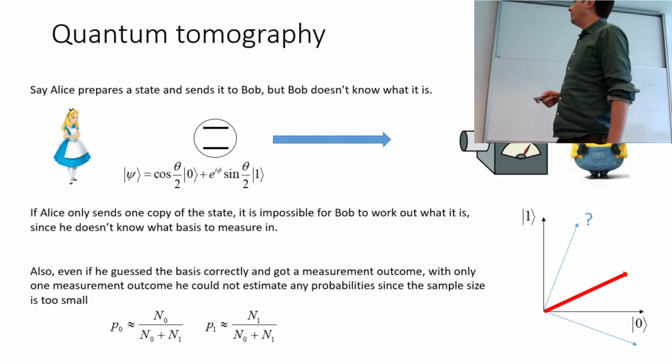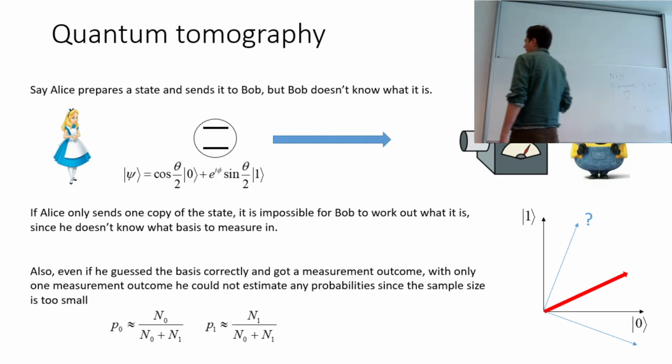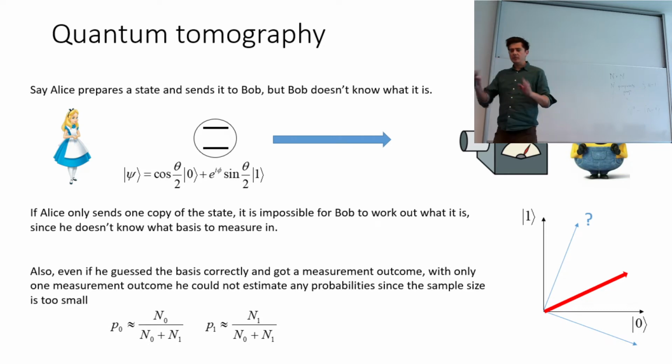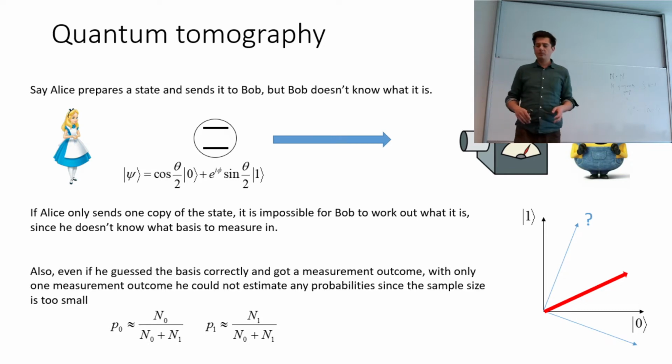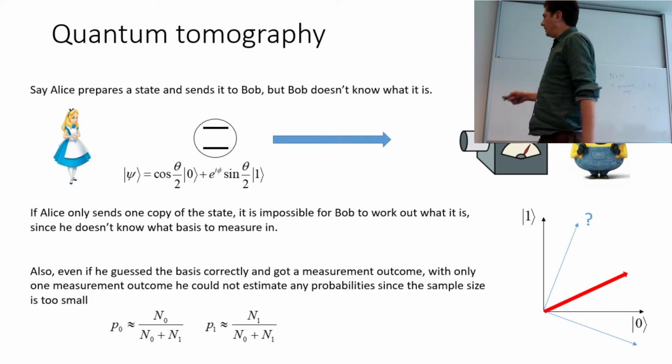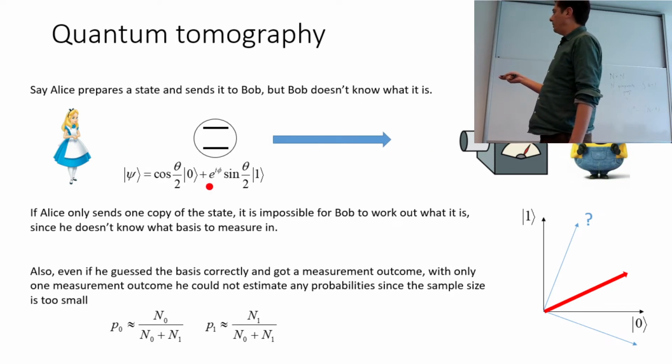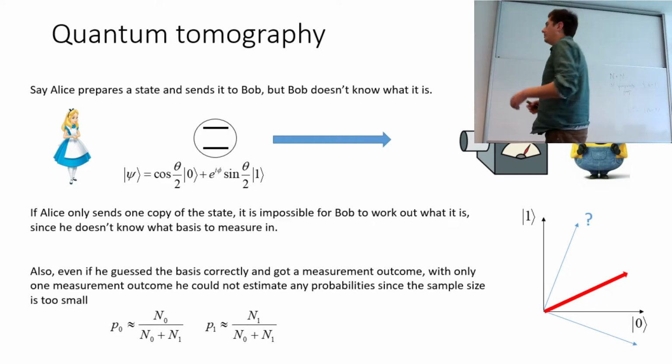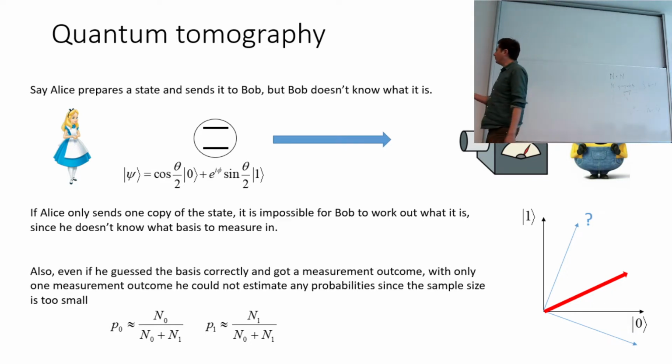Now, the only thing he can really do in the quantum case, because he doesn't know anything about the state, doesn't know the basis or anything that he should be measuring in, the best he can really do is to get her to send the same state lots and lots of times, do some measurement, and based on the statistics of that measurement, try to work out what these parameters like theta and phi are.